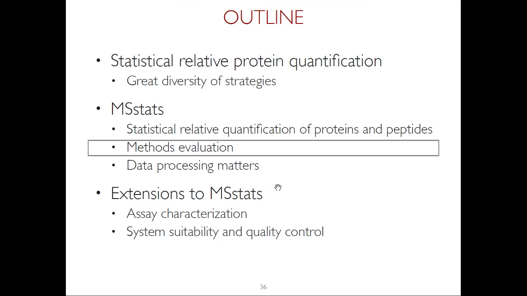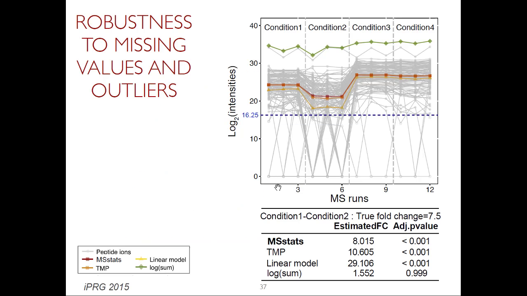And so what I would like to do in the remaining time is just to show the evaluation and, like in the previous case, show how good it is, but also show the limitations of that. First, how it works, right? So this was this iPRG study, which I talked about in the beginning of the hour, where we have 4 conditions and spiked proteins. And so this is just one example.